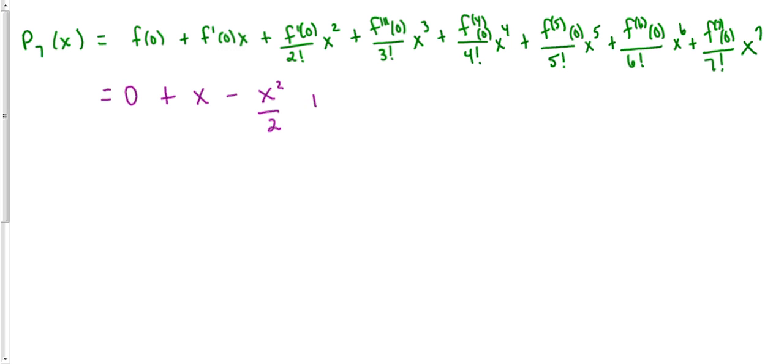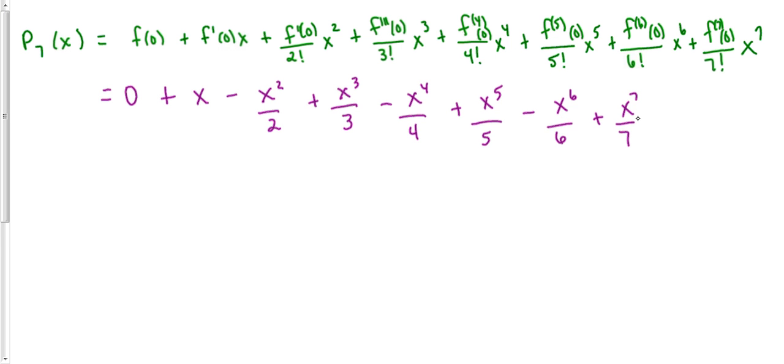And then I'm going to have plus x cubed over 3 minus x to the 4th over 4 plus x to the 5th over 5 minus x to the 6th over 6 plus x to the 7 over 7. So this, as we said, is my P7 Taylor polynomial.